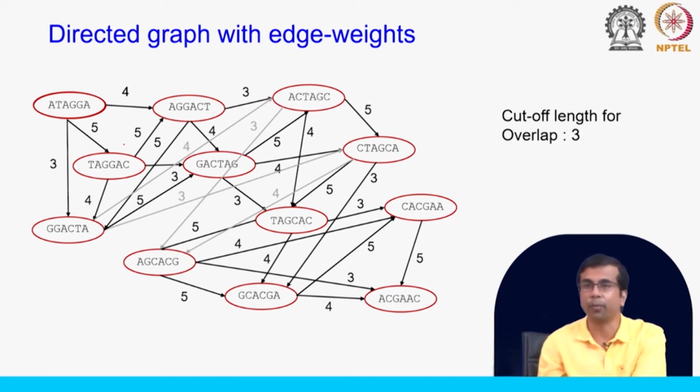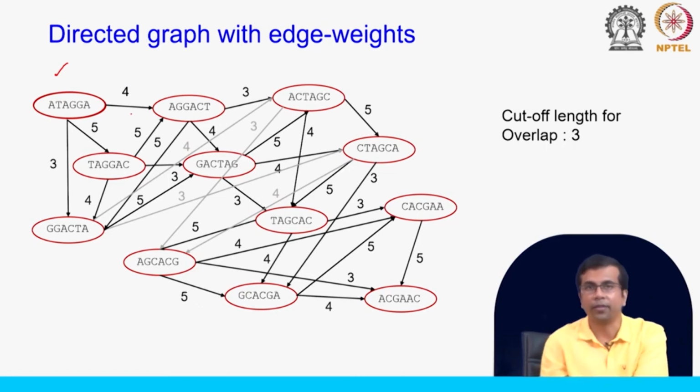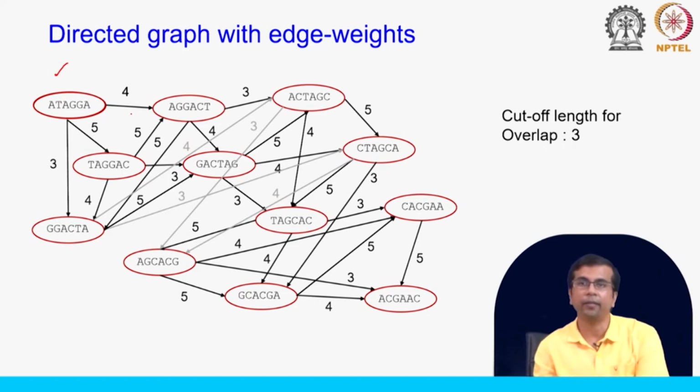The nodes, you remember, are the reads. So, this is read 1, etc. You have all the reads represented as nodes, and you have the edges, and then the edge weights, showing the number of bases that are overlapping between these two reads connected by an arrow. So, what is the purpose, and what are we going to do with this directed graph?